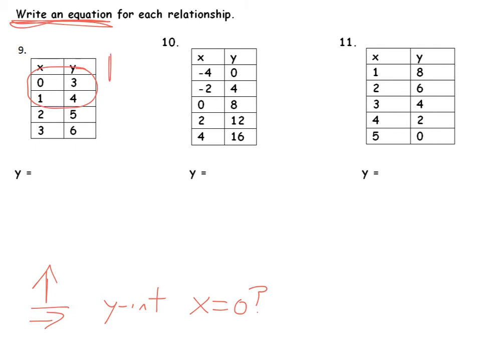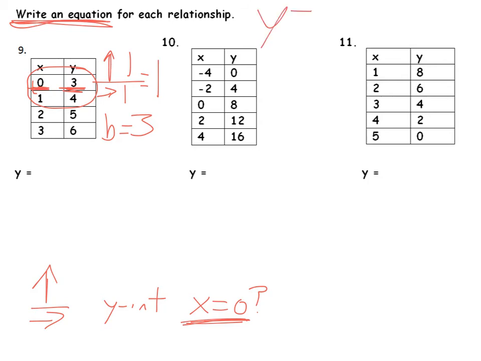How much do I go up from 3 to 4? That's just going up 1. How much do I go over from 0 to 1? That's also 1. So my slope is 1. I look at my table to see if I can figure out where x equals 0. Right here. Where x equals 0, y equals 3. So my y-intercept is 3.